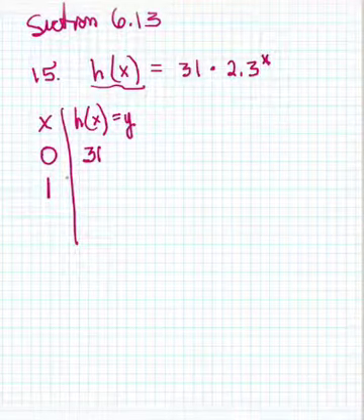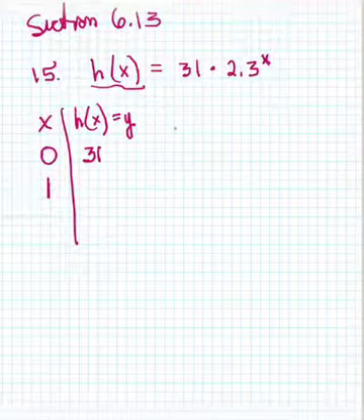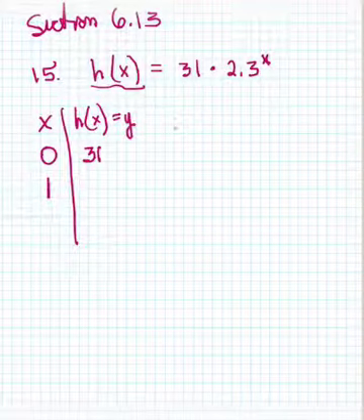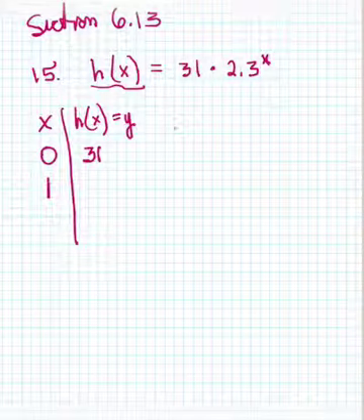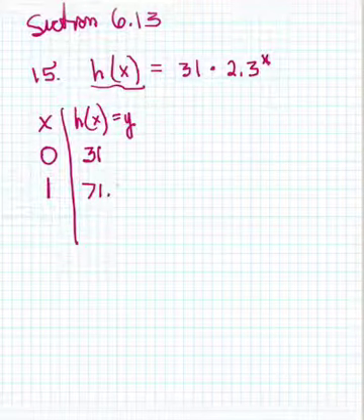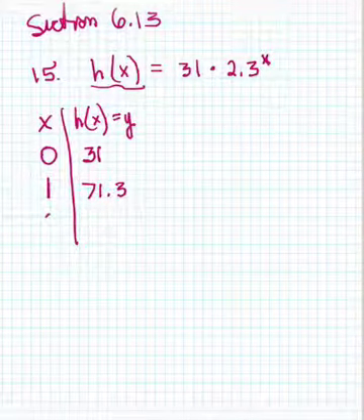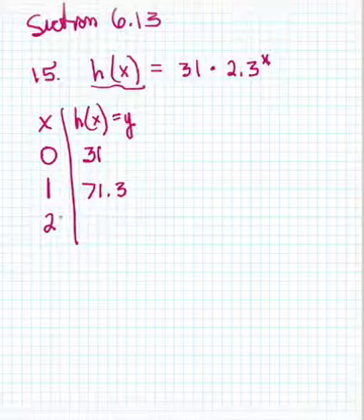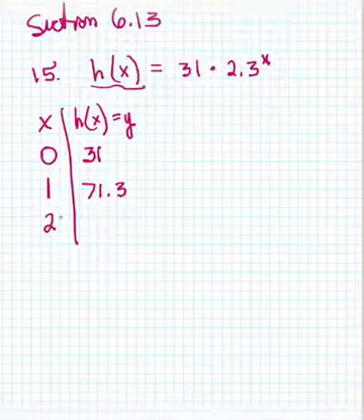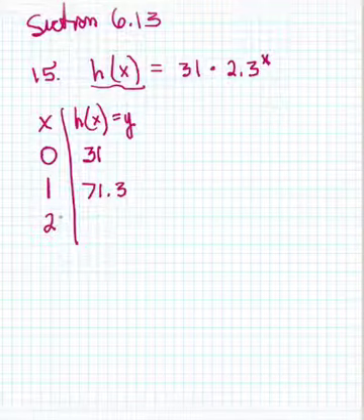When x is 1, I'll do it on my calculator real quick. 31 times 2.3 raised to the first is going to be 71.3. When x is 2, it's going to be 31 times 2.3 raised to the second.